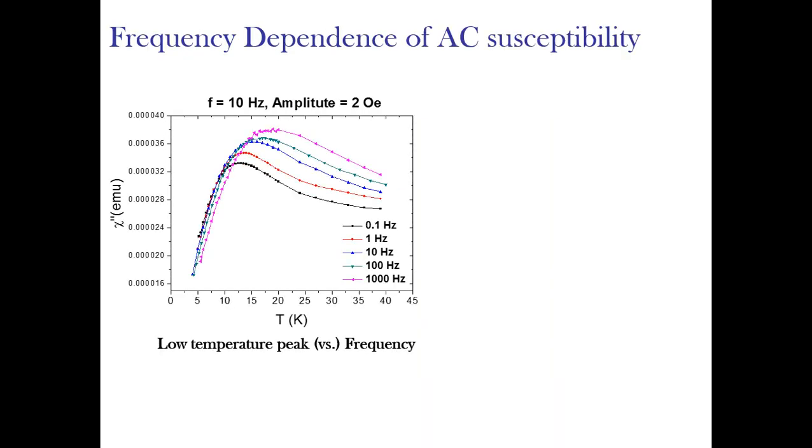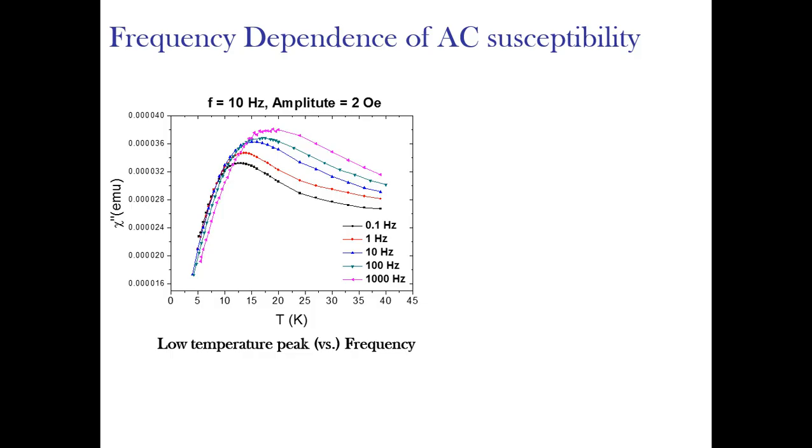We have taken the AC susceptibility at different frequencies, and particularly we want to study the smallest size sample, 8 nanometer. These figures are only for the smaller peak, the low temperature peak.